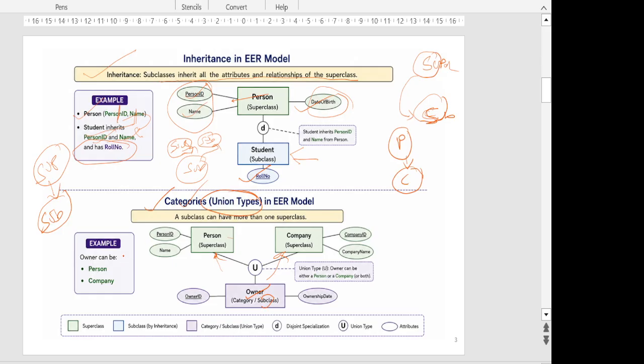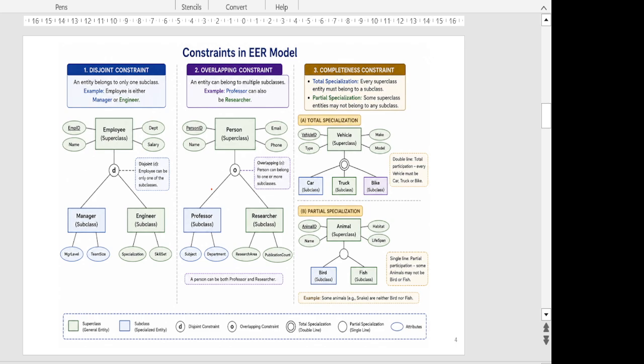Person and Company are superclasses, and Owner is a subclass. This is the meaning the example explains for union types.